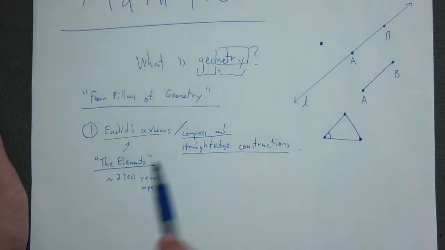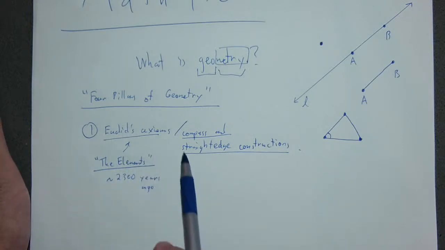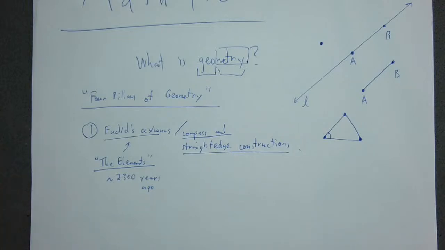So we are going to see exactly how we can proceed using Euclid's axioms and compass and straight edge constructions to basically get the plane geometry that you're used to coming from later, right?